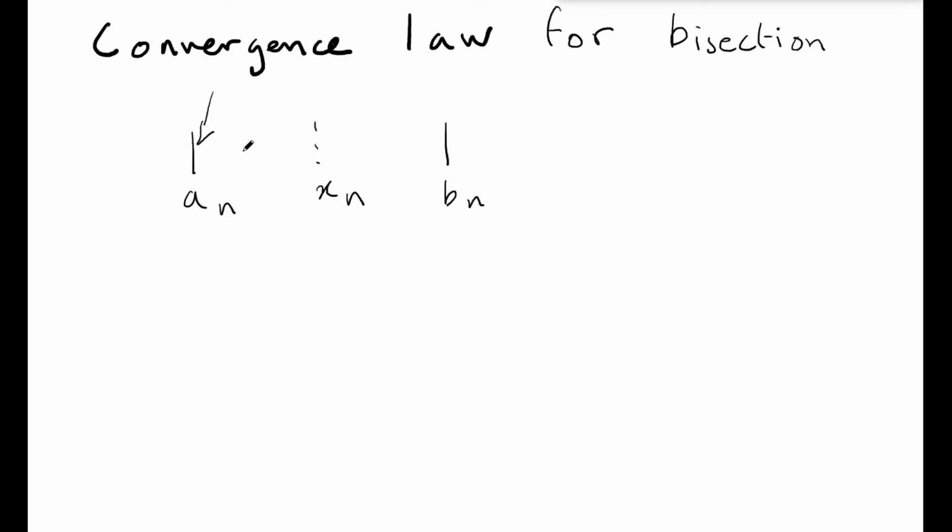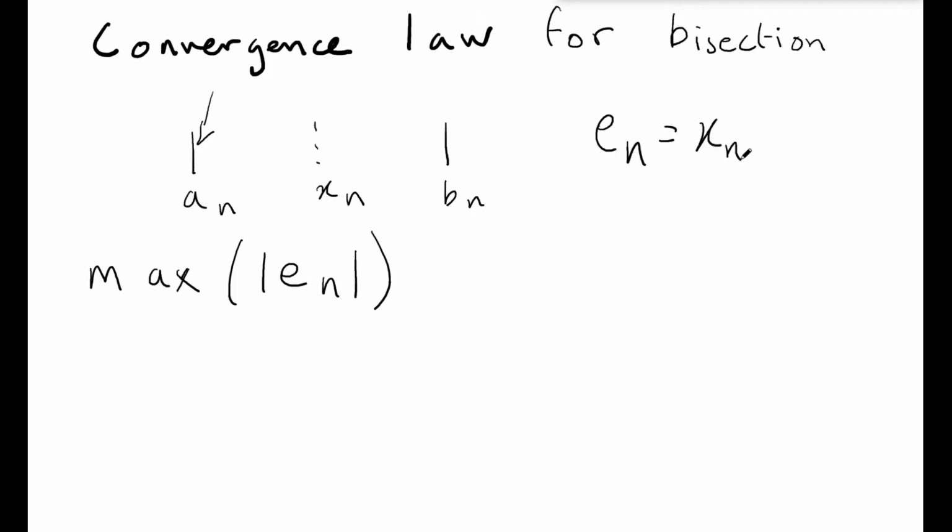So based on that, we derived this convergence law based on the maximum absolute value of the error. Remember, error is simply the numerical solution minus the true solution, so in this case, the value of the root when it's completely converged.